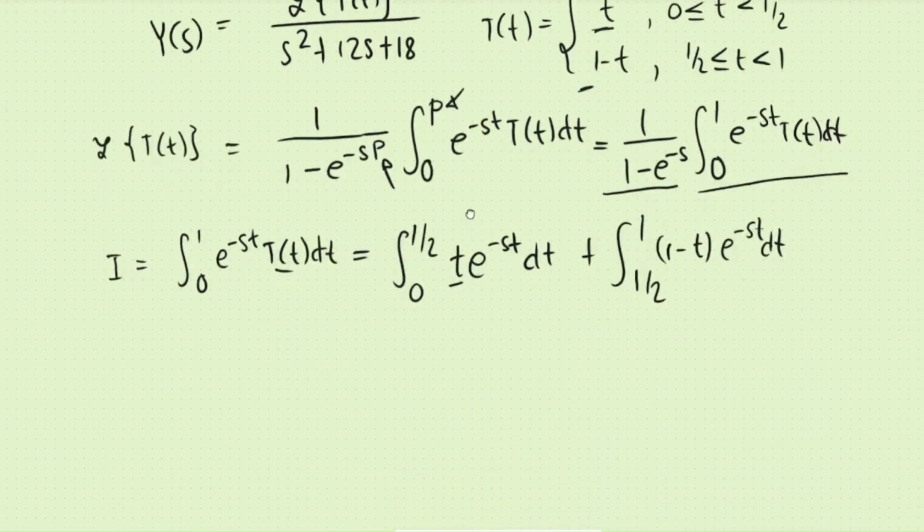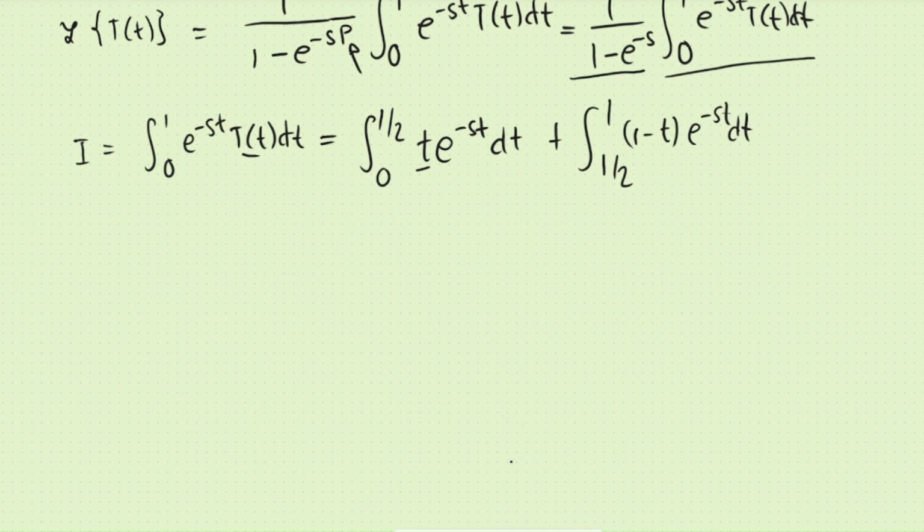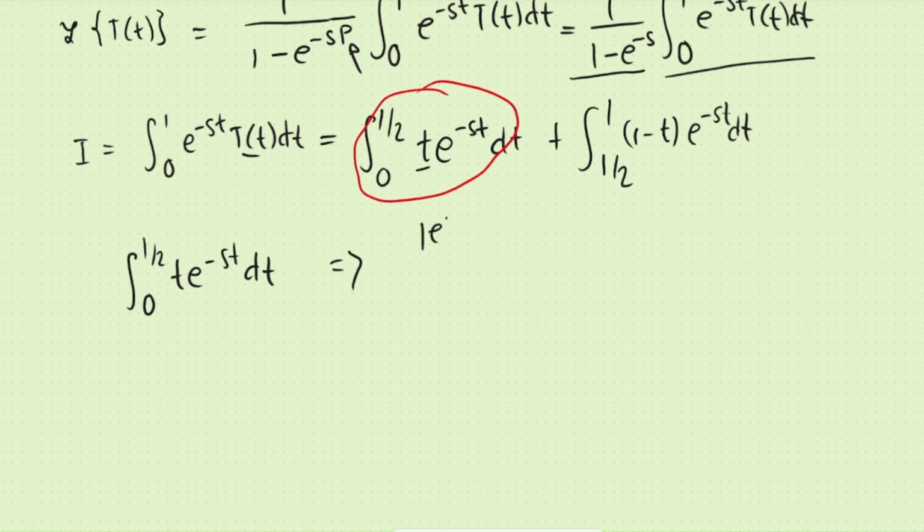Okay, so let's solve for our first half. Our first half is the integral from 0 to 1 half of t e to the negative st dt. Let's use integration by parts, and we'll let u be equal to t, so that our du is equal to dt, and our dv is e to the negative st dt.